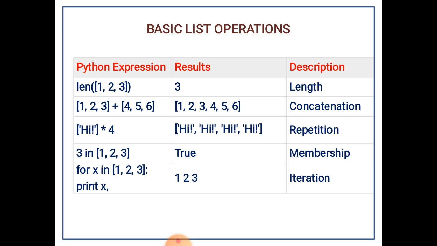Now coming to the next operator, the in operator. The in operator tells us whether the element that has been specified is existing in the list or not. 3 in [1, 2, 3]. So we are asking the Python compiler whether the element 3 is in the given list.